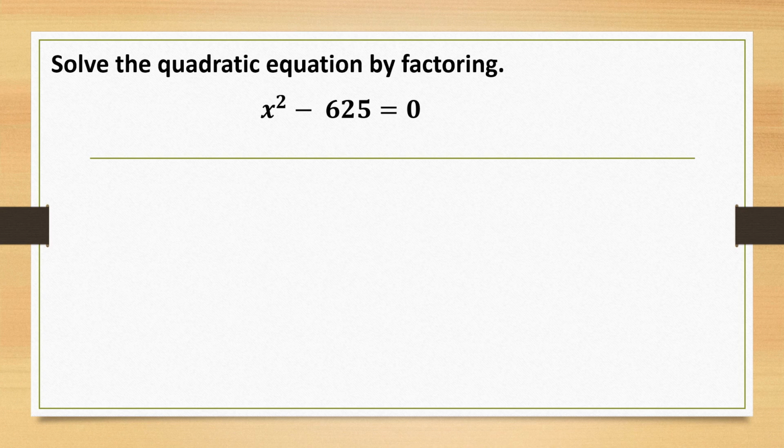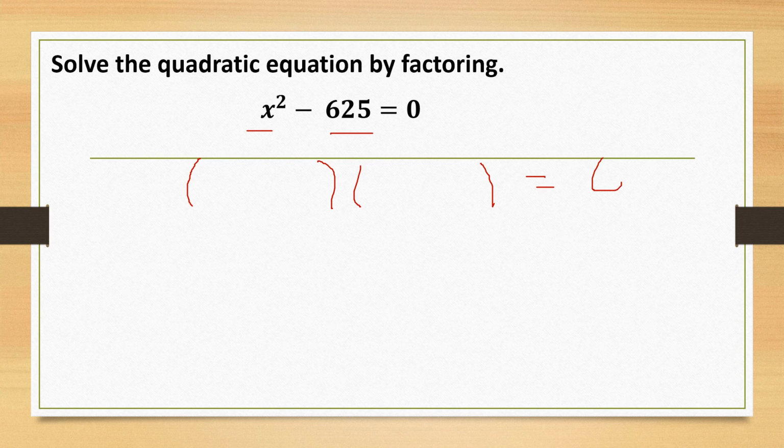Next, let's have x squared minus 625 is equal to 0. If you will try to observe, x squared is a perfect square, 625 is also a perfect square. Now, this is a difference between two squares. So, how do we factor difference of two squares? It is simply the product of the sum and difference of two terms.